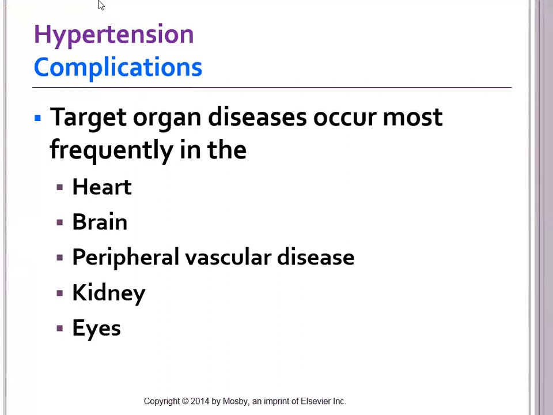The most common complication of hypertension is target organ disease: hypertensive heart disease, cerebral vascular disease, peripheral vascular disease, kidney disease, and eye problems, like retinal damage. Your book on page 686 lists the manifestations of target organ disease.